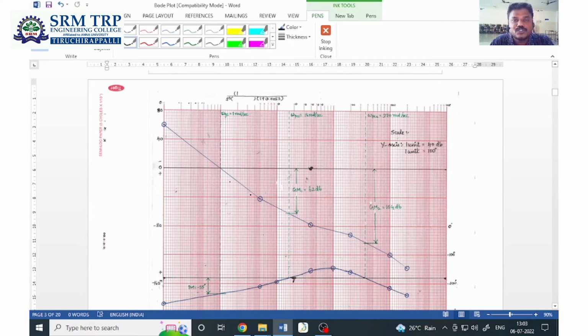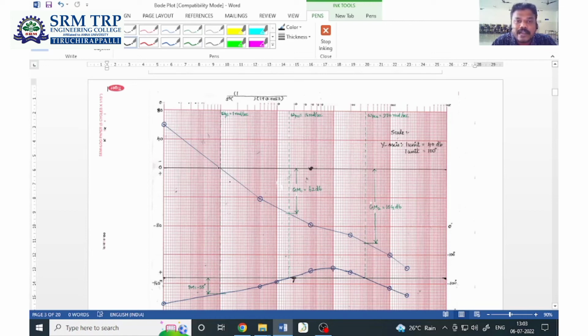Now our ultimate aim is to determine the phase margin, gain margin, and the gain K. So if you observe the plot, the magnitude plot cuts the 0 dB line. So you need to know what is the 0 dB line, what is the minus 180 degree line. This 0 dB line is the reference line for the magnitude plot, and this minus 180 degree line is the reference line for the phase plot.